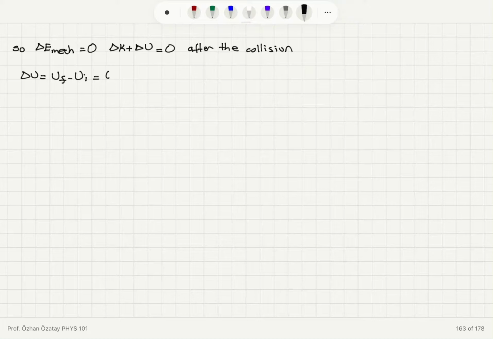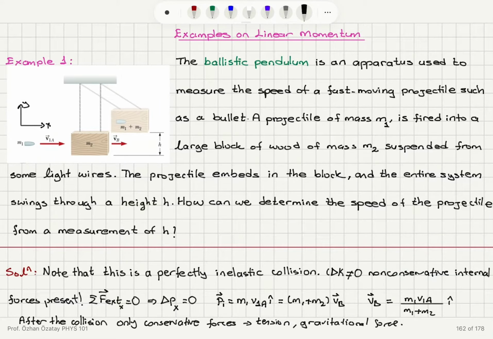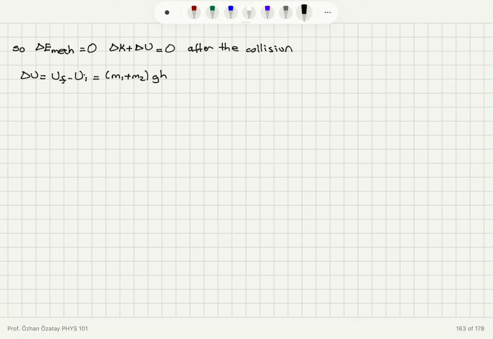It's going to be equal to (m1 plus m2) g h, the final gravitational potential energy of the system, and the change in the kinetic energy, delta K, is K final minus K initial. The system will stop at the maximum point, so 0 final kinetic energy. Initial kinetic energy is 1/2 (m1 plus m2) vb squared.